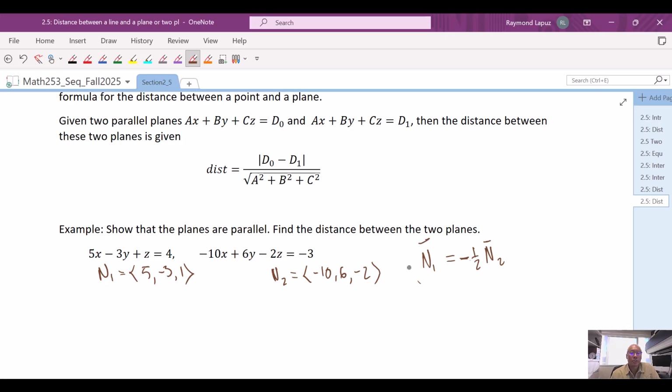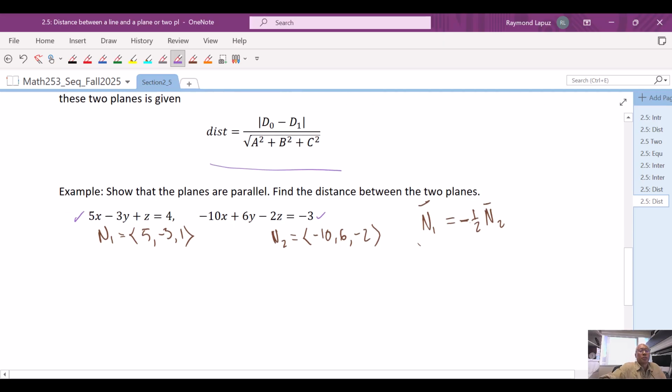All right, so before we can take advantage of this formula, we need to have both normals be exactly the same. So we could do one of two things. We can multiply this equation by -1/2, or we can multiply this first equation by -2. So let's multiply this first equation by -2.